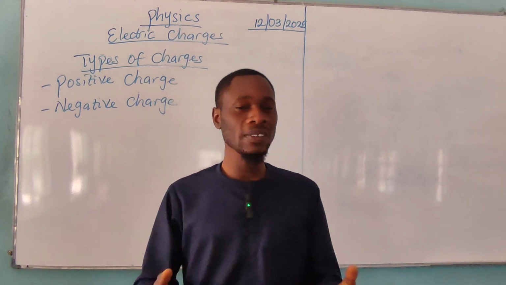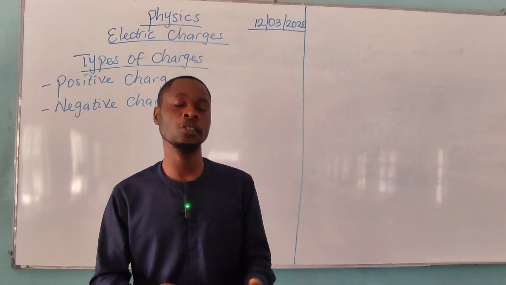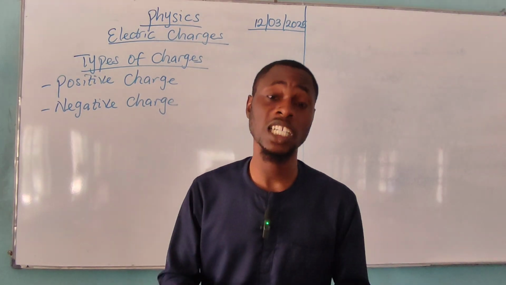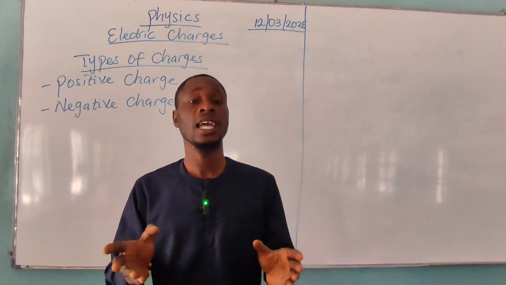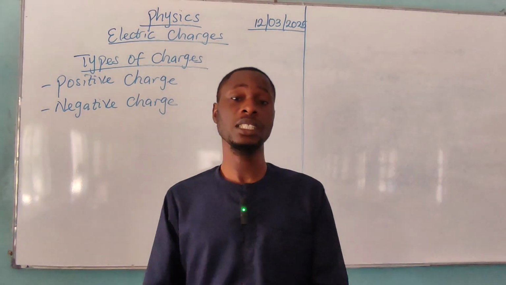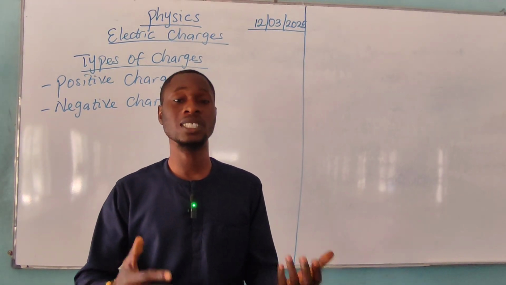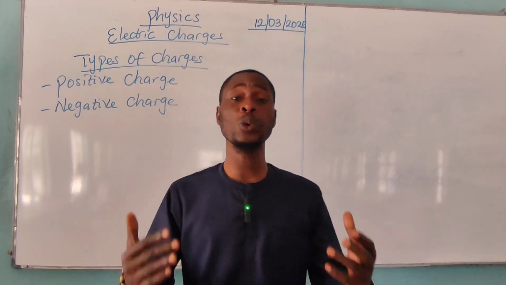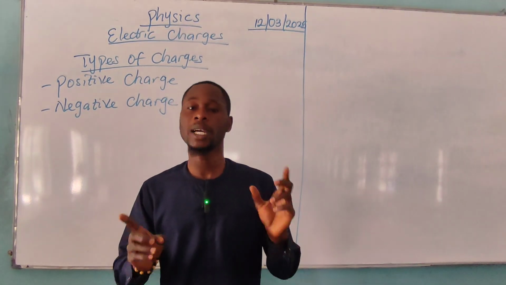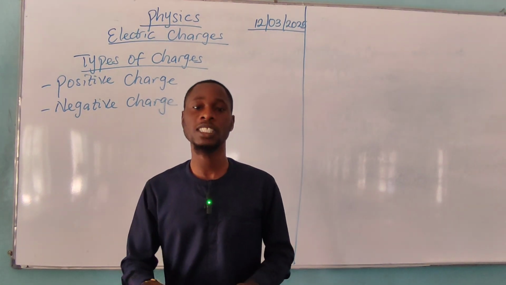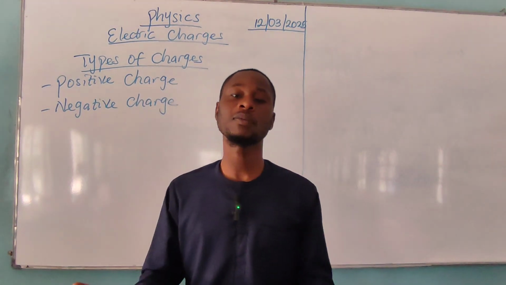A positively charged body is said to have positive electricity, and similarly, a negatively charged body is said to have negative electricity. The next thing is, how do we produce a negative charge and also a positive charge? Let's start with a positive charge.